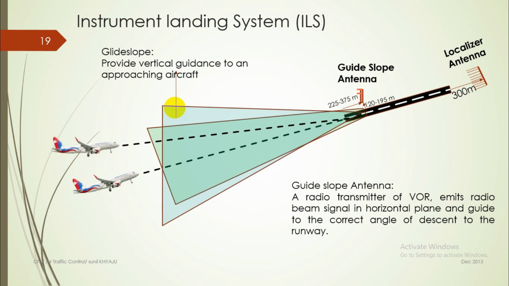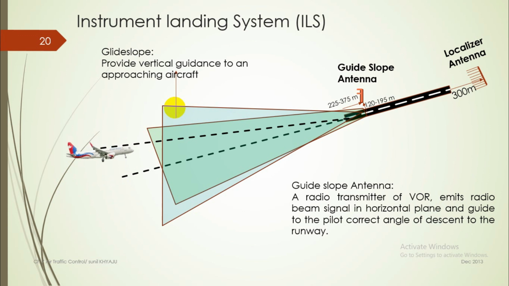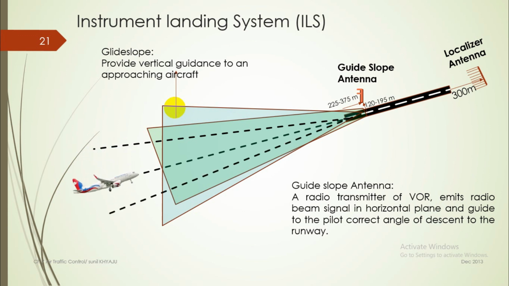If the aircraft is flying above the correct angle of descent, then the glide slope antenna guides the pilot to fly down to be at the correct angle of descent to the runway. Similarly, if the aircraft is flying below the correct angle of descent, then the glide slope antenna guides the pilot to fly above to be at the correct angle of descent, as shown in the figure.